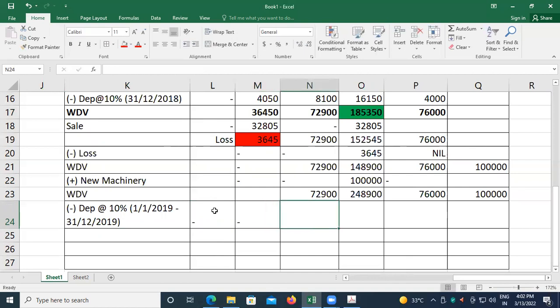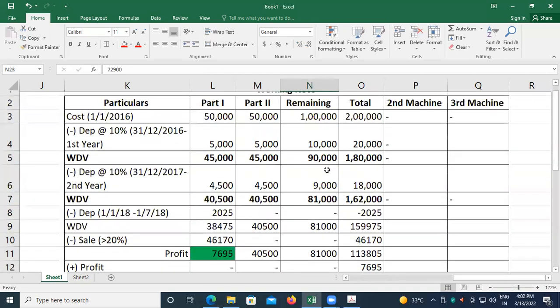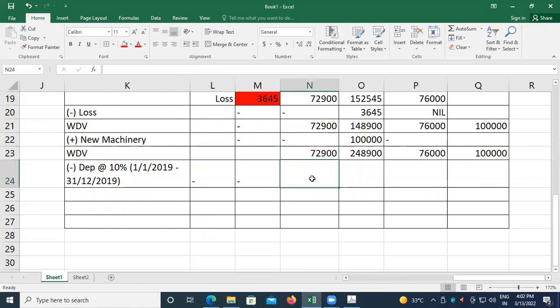First is not there, second part is not there, the third part of the asset. Now let us calculate 10% for the whole year over the asset. Remaining value of the asset is 72,900. On this, we are going to charge 10%. The depreciation will come 7,290.